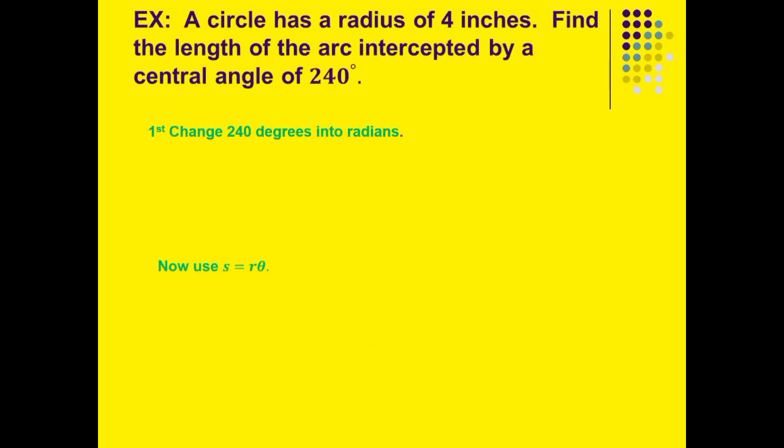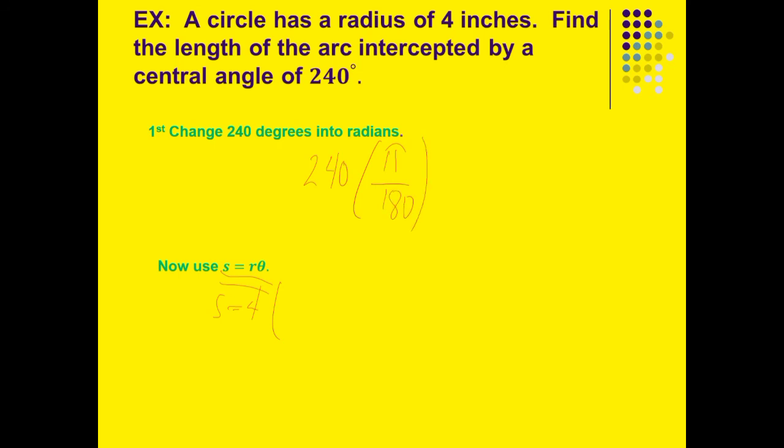We are given a circle with a radius of 4 inches. Find the length of the arc intercepted by a central angle of 240 degrees. In this case, we first convert, using the formula S equals r theta. So S is equal to 4 times theta, which is 240, and 240 must be converted into radians. So 240 times pi over 180.